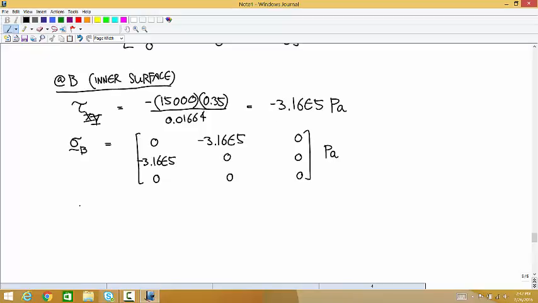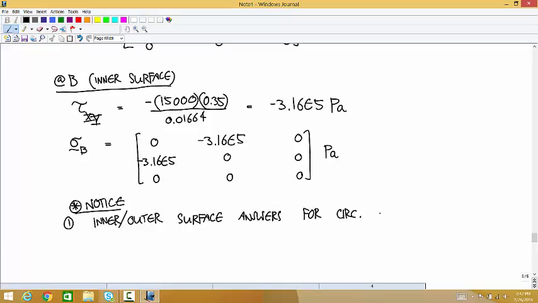So a couple things to notice. First, the inner and outer surface answers for the circular cross-section bracket the thin-walled approximation.